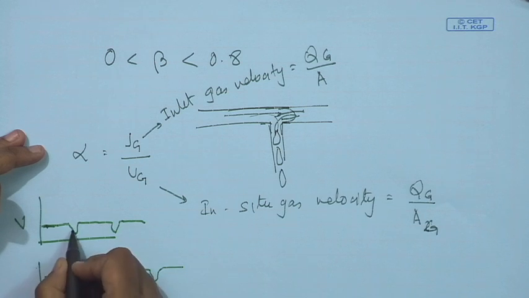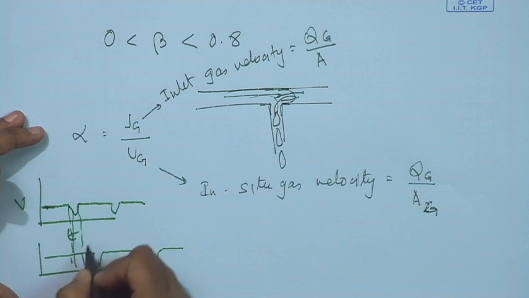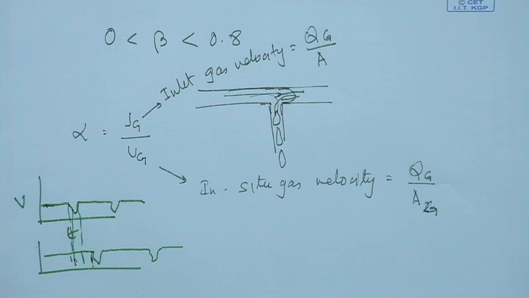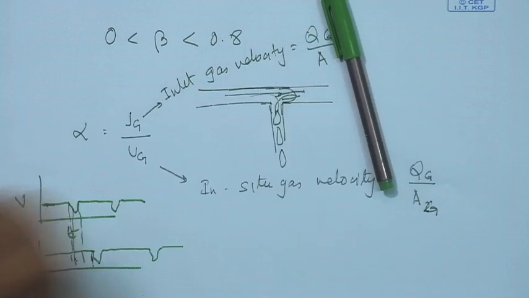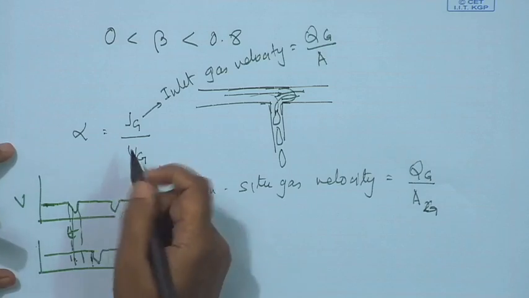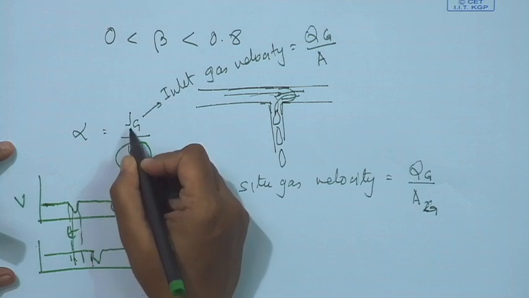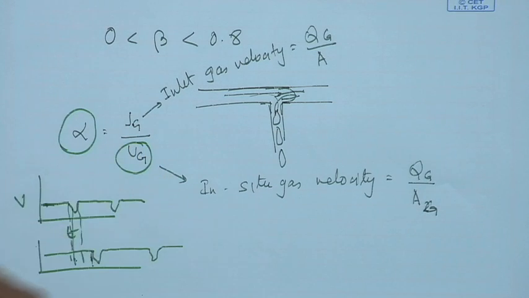Now, if we cross correlate the signals, then from the location of the valleys, from these time intervals, we can find out the time of travel of the plug, and knowing the distance between the two probes, we can find out the Taylor bubble velocity. Since the entire gas flows as just gas plugs in these small channels, they give us UG, and once we know UG from here and we can measure JG, we can find out alpha once more.